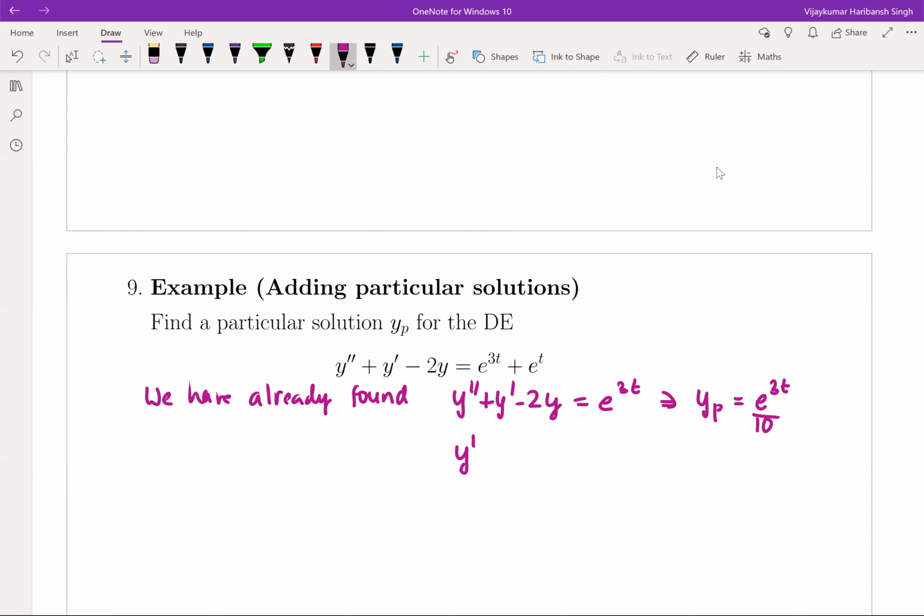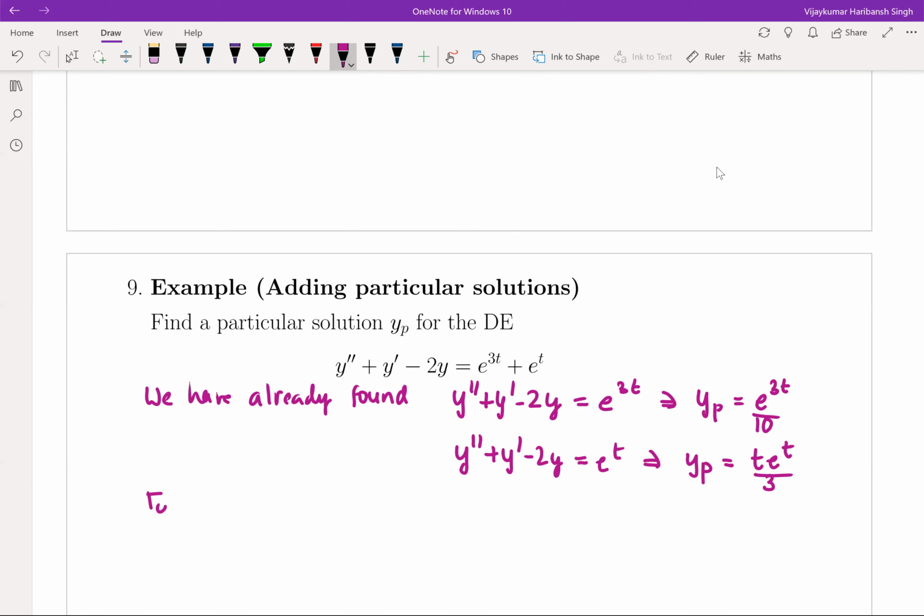And in this case, we had y double prime plus y prime minus 2y equals e to the power t implies yp equals t e to the power t divided by 3. So this is what we have found out in the previous step.